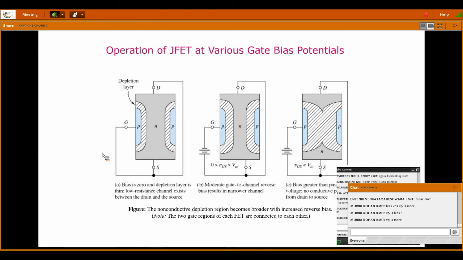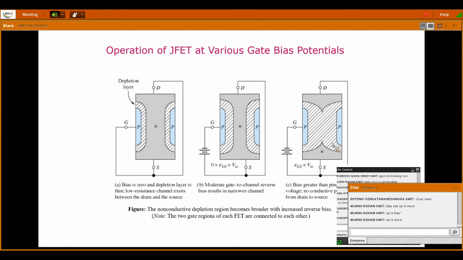And here you can see how the depletion widths will be varying with respect to the gate bias. Initially when there is no bias on the gate, the depletion regions are uniform. In the second diagram, if you give a small amount of VGS, the width of the depletion regions has increased.